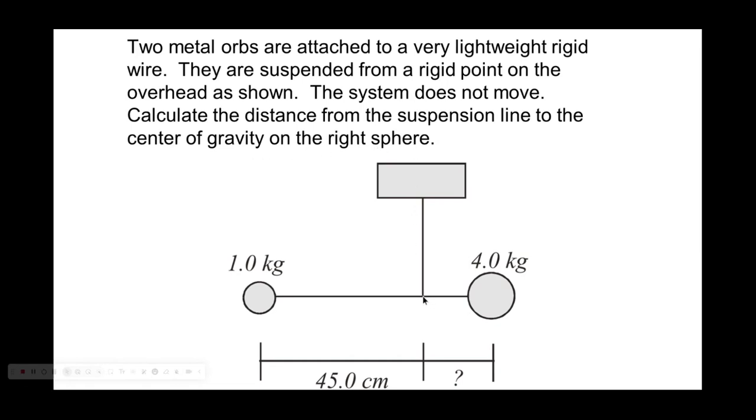In other words, how far is this point where it's actually being suspended to the center of mass of this object here, the right sphere? We have that the total distance from center of mass to center of mass. No, that's not the total distance. That's only, I'm sorry, we only have this side. So we've got 45 centimeters over here.